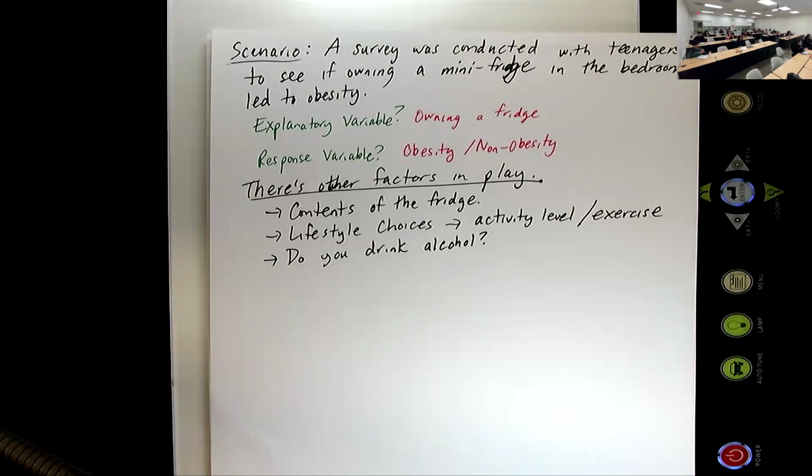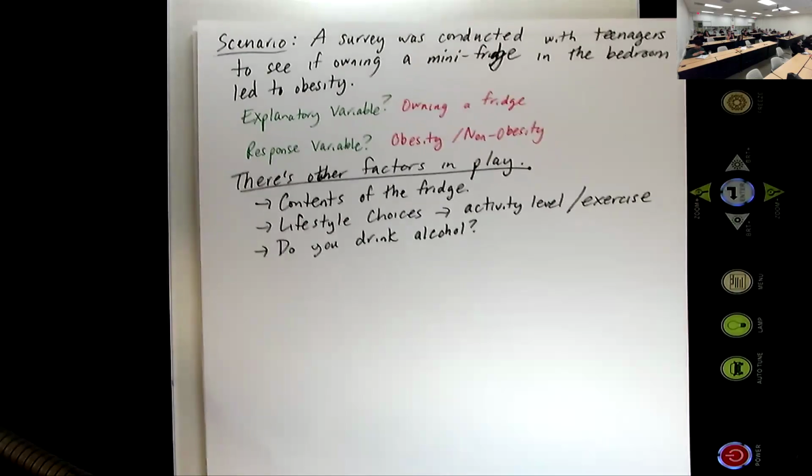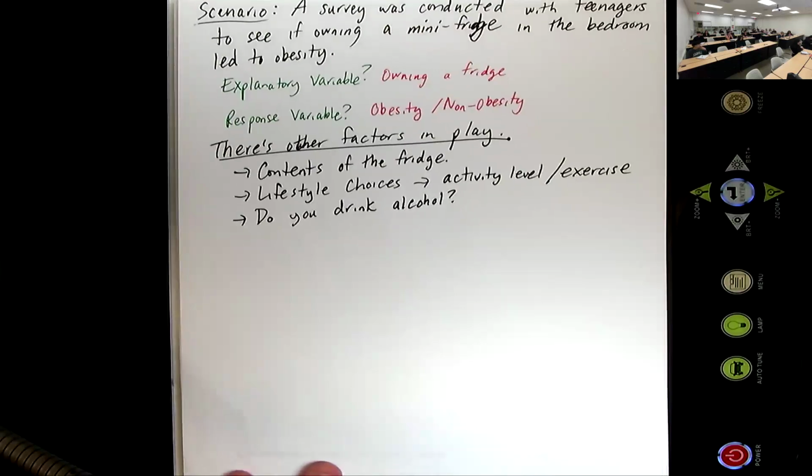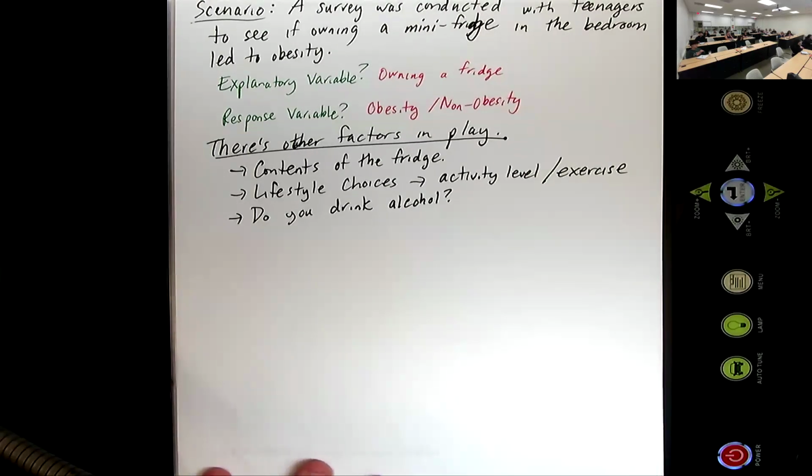Oh, yeah. Parents don't always acknowledge it, but do you drink alcohol? That does affect it. Why? Because it's something you consume. It may not ever be in your mini fridge. If you're a teenager, hiding the bottle in the fridge is a dumb spot. It's your room, that's one of the first places your mom or dad is going to check.